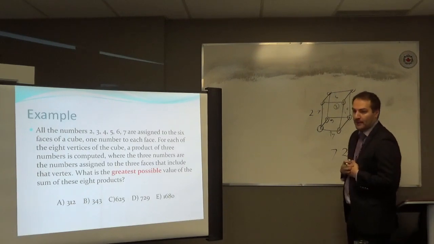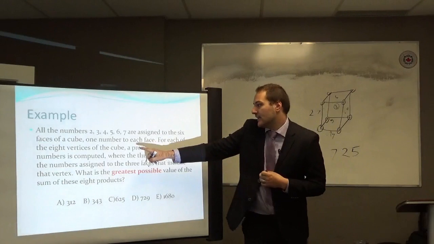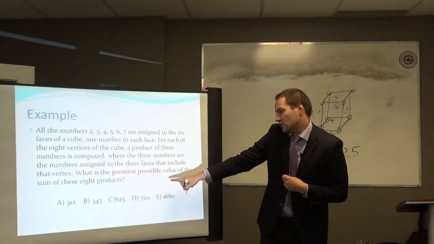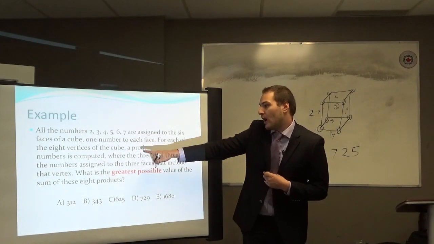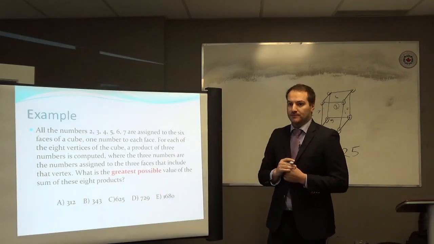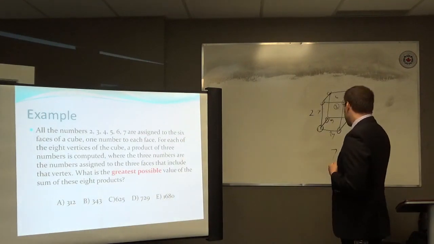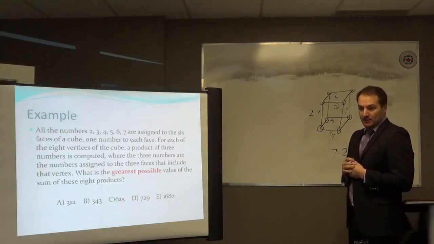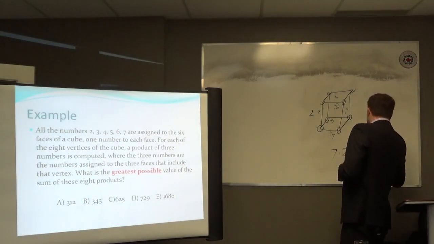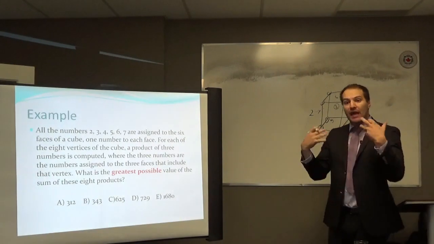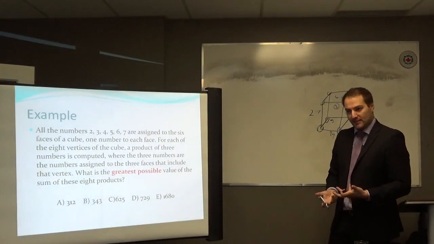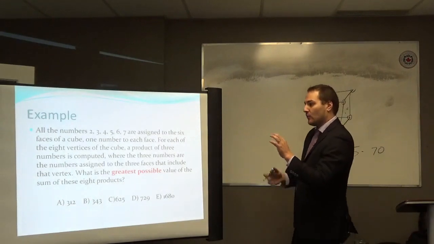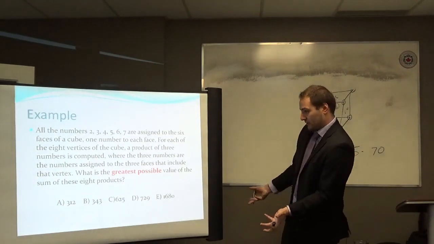It says the product of 3 numbers is computed. So what is the product of 7, 2, and 5? That's correct. Perfect. So we have 70. So we understand now what the question is asking us, or what the description of the question is.